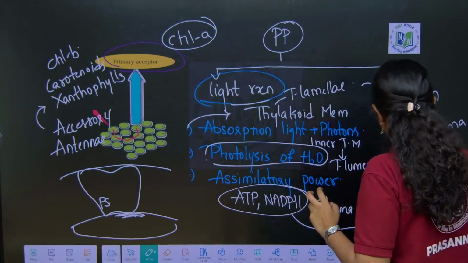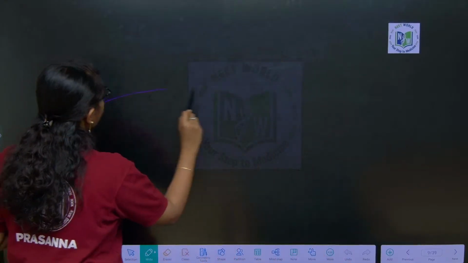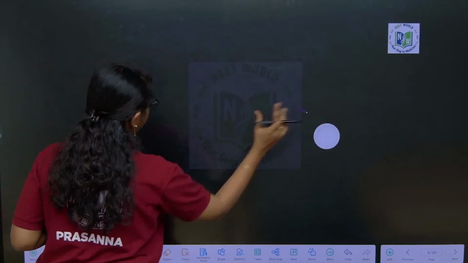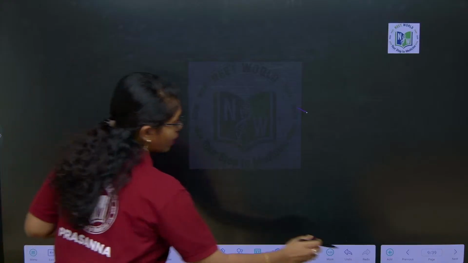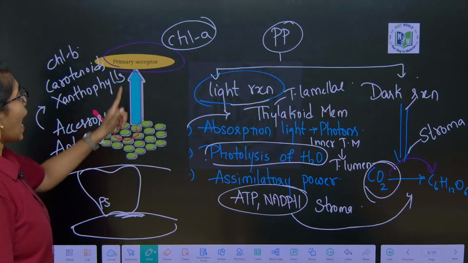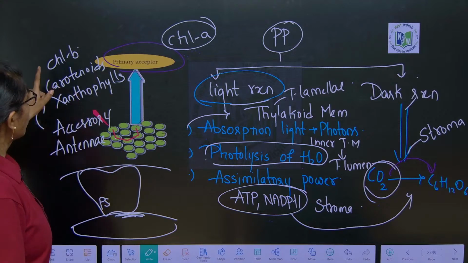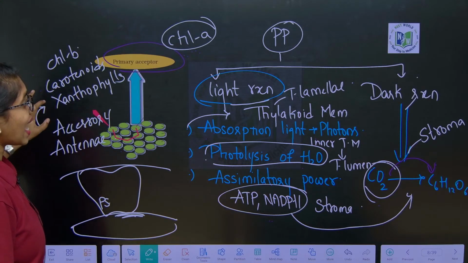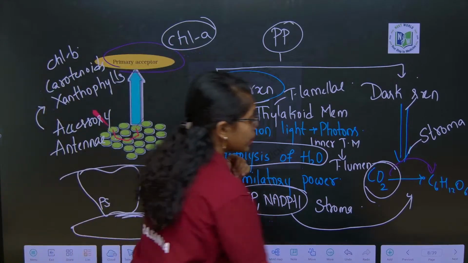Immediately after absorbing light, look at what happens inside the thylakoid lamellae. The light harvesting complex, as you observed in the previous slide, has accessory or antenna pigments and a reaction center. Accessory or antenna pigments include chlorophyll B, carotenoids and xanthophylls, and the reaction center has chlorophyll A. This is clear to you.